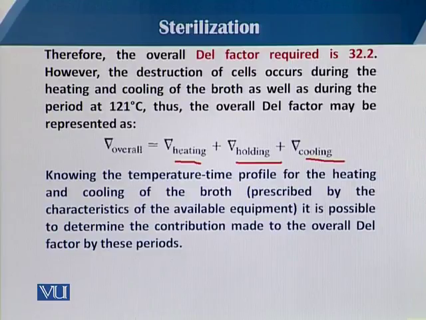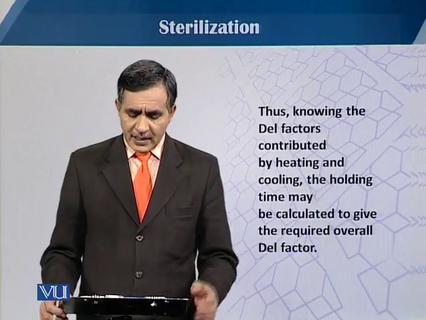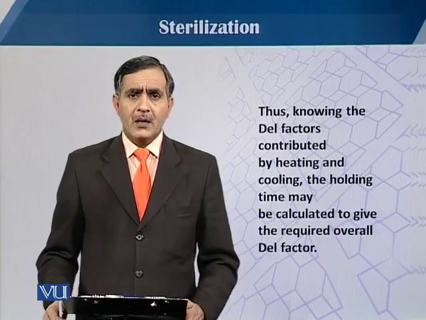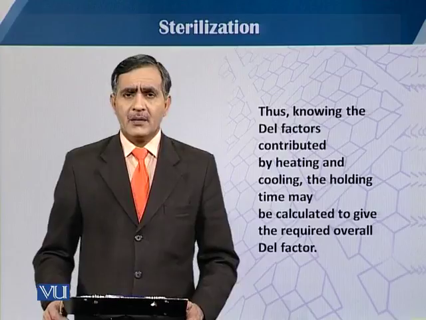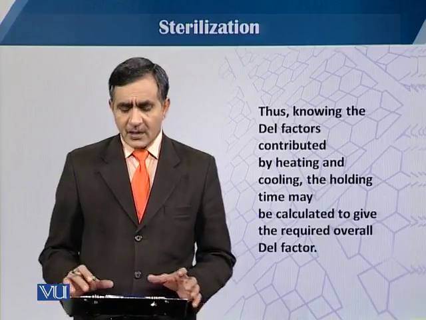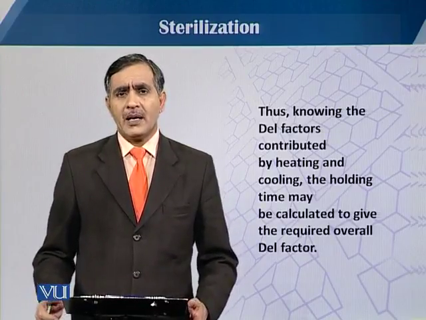Knowing the temperature profile for the heating and cooling of the broth, it is possible to determine the contribution made to the overall del factor of the sterilization. Thus, knowing the del factor from heating and cooling, the required del factor for holding can easily be calculated. As reported by the scientists in 1959, the contributing del factors are the heating, holding time, and then cooling time.